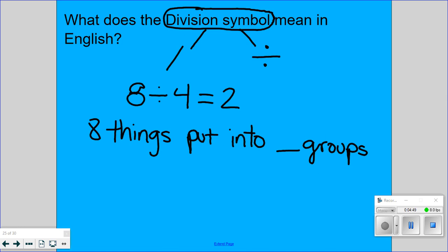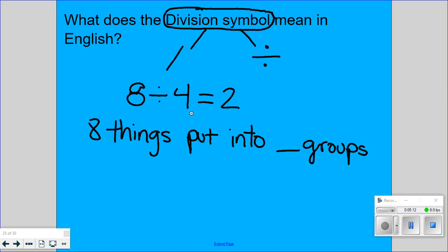Can you imagine 8 things? Can you imagine putting them into groups? How many groups? Look at that next symbol. Mackenzie? 4. Right here.